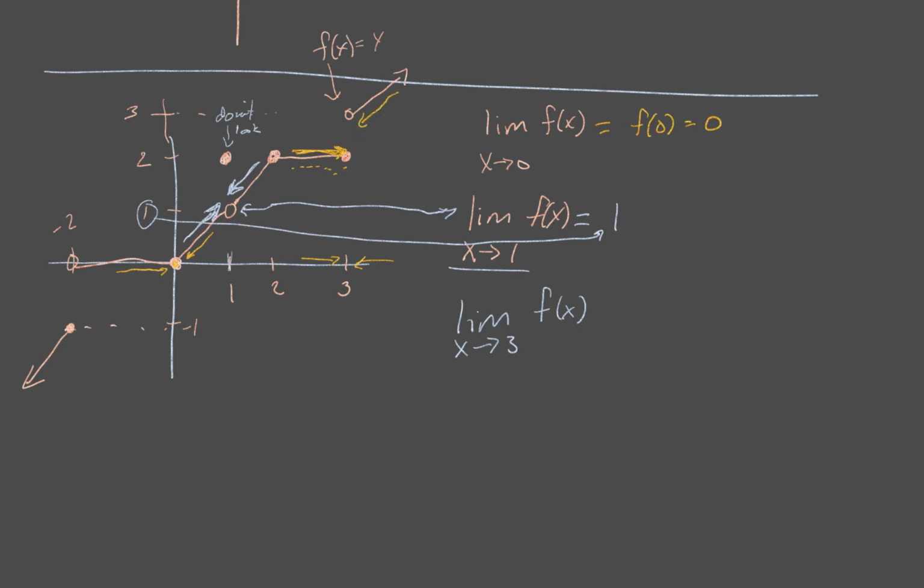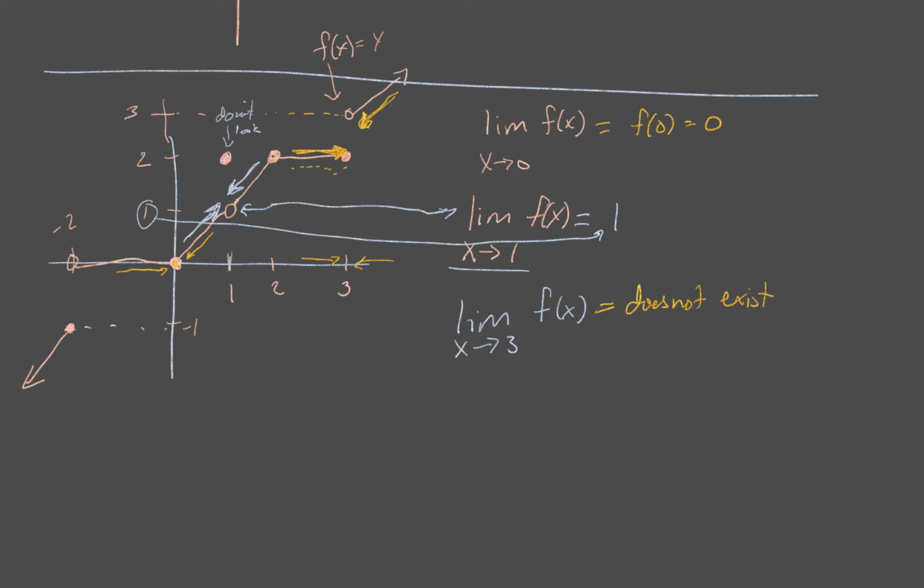As I get close to 3 from the right, it looks like it wants to be 3. So from the right, the function wants to be 3. From the left, the function wants to be 2. Because 3 does not equal 2, this does not exist. There's a jump discontinuity there. Okay, so graphically, that's what's going on with these limits.